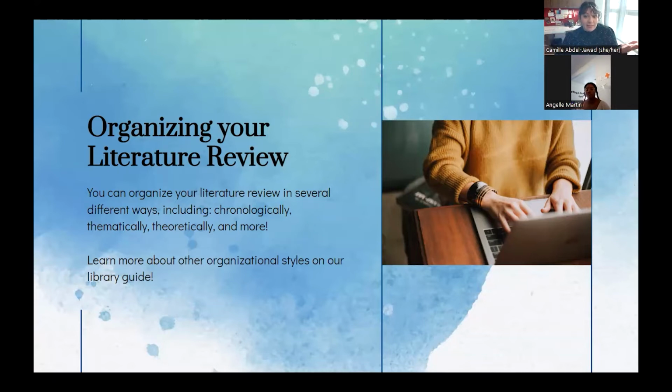But sometimes this is the assignment from your instructor. They want you to just do a literature review. So this should be organized. It should be coherent. It should make sense. There should be purpose behind why you're putting things in each category or each paragraph or each arrangement. And it really will depend on your topic, on how you arrange that information.